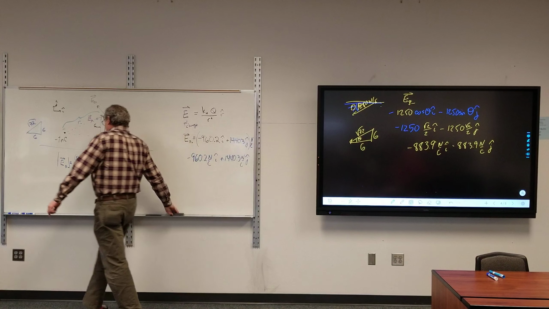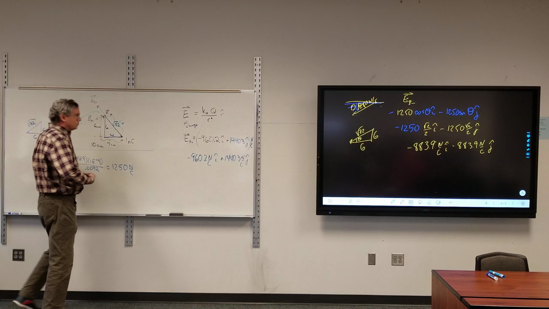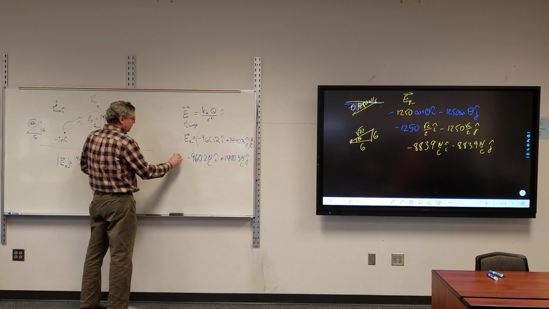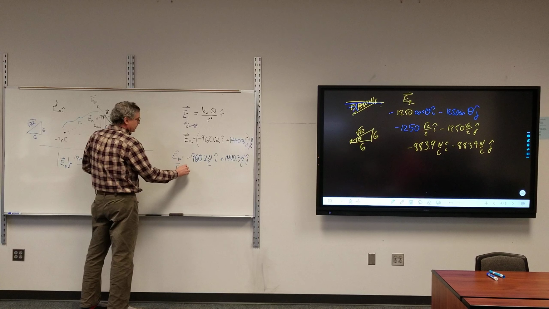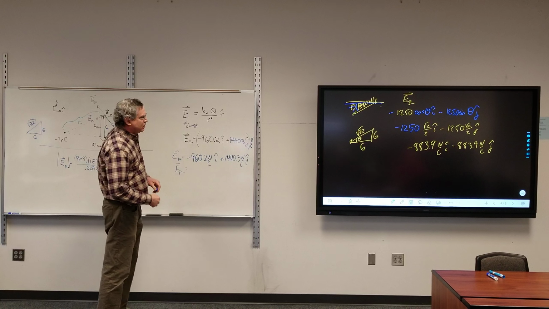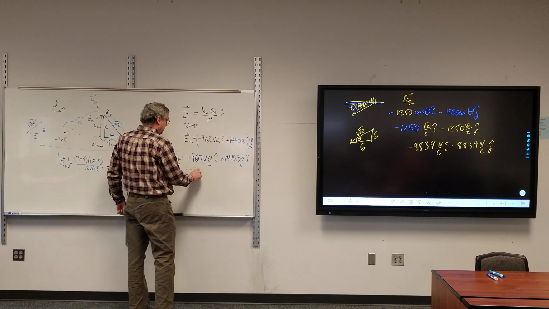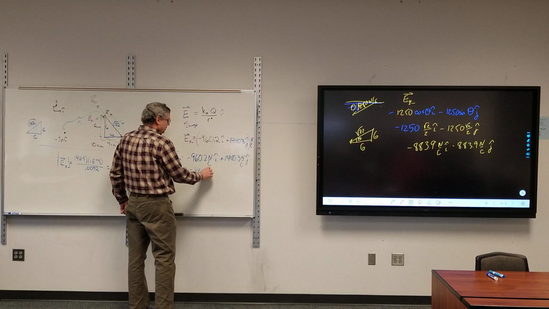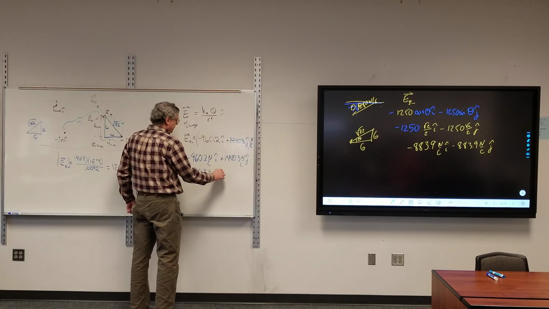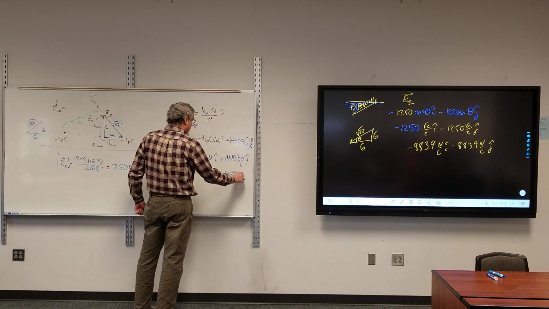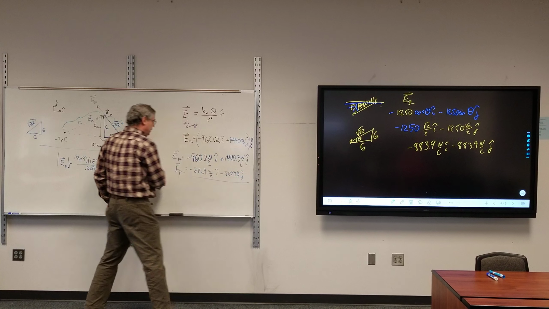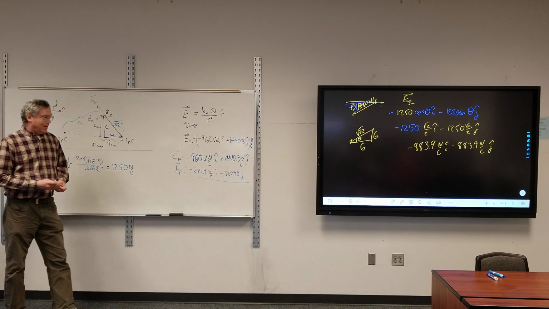And so the sum, EP plus plus EP minus equals negative 883.9, I had minus 883.9 newtons per coulomb for J hat. And add.